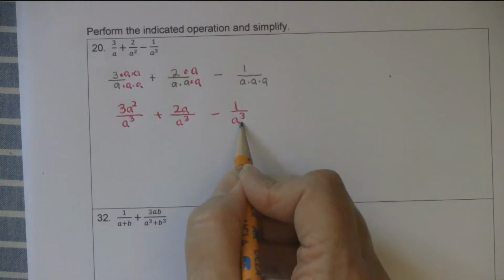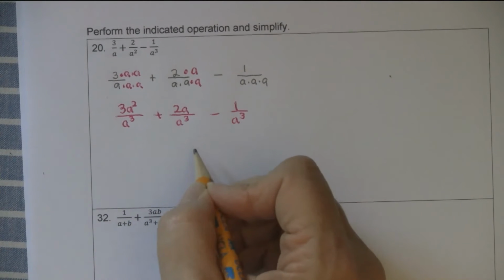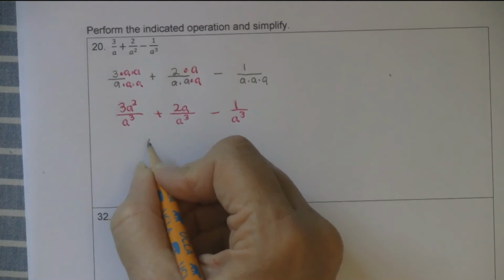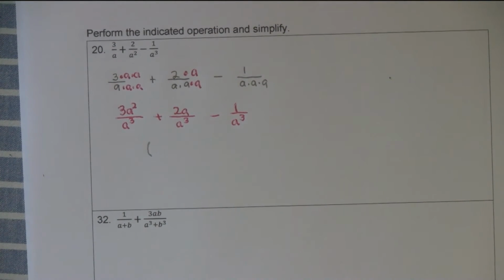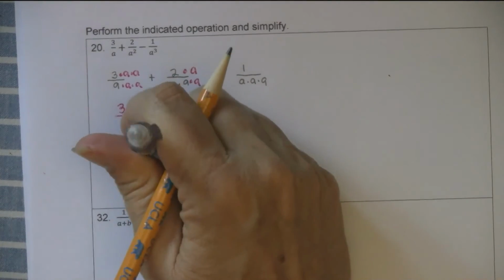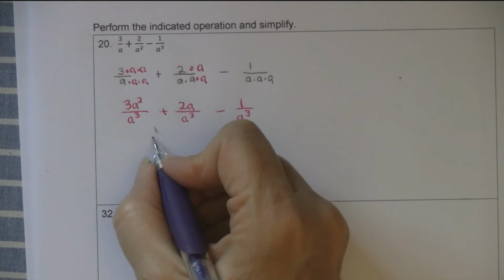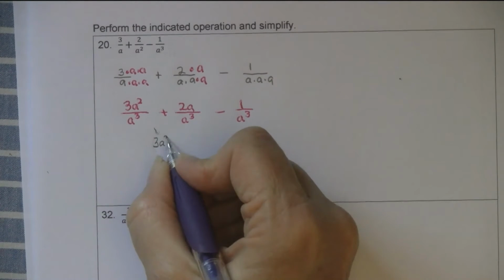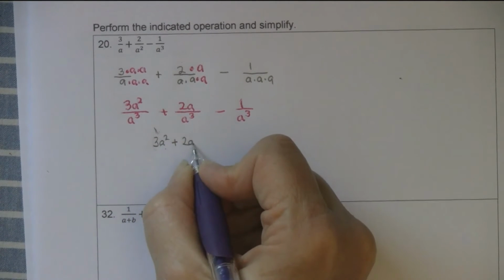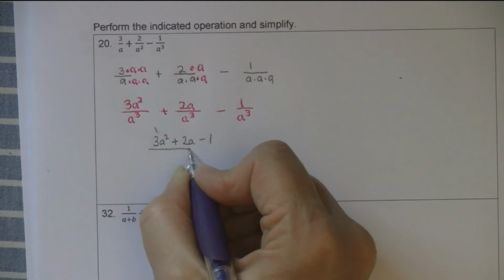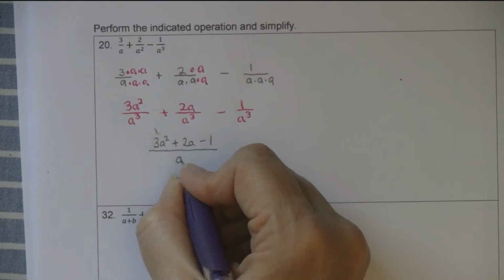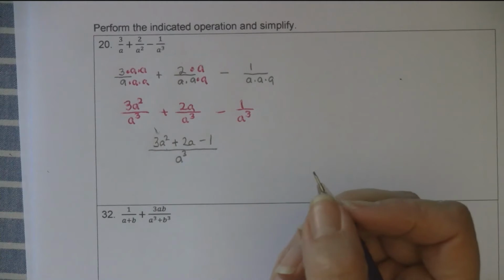So I can add and subtract the numerators. I don't know why I wrote a parenthesis, but I did. So this is going to be 3a squared plus 2a minus 1, all divided by a cubed, the same denominator.